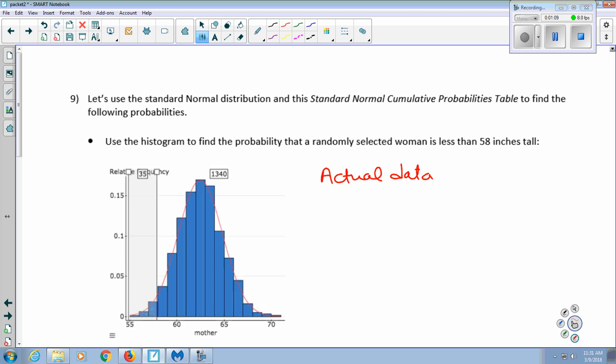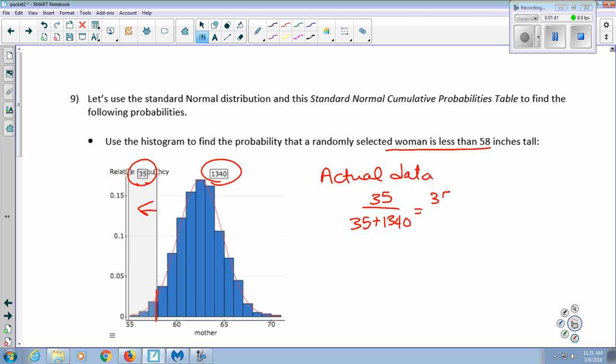Our actual data says a woman is less than 58 inches tall. So looking at that, you can see on our graph, we've got that sectioned off, and this histogram is giving us the count of observations that are less than 58 inches, and that's 35 women. And all together, we can add up the 35 women that are less, and the 1340 that are more.